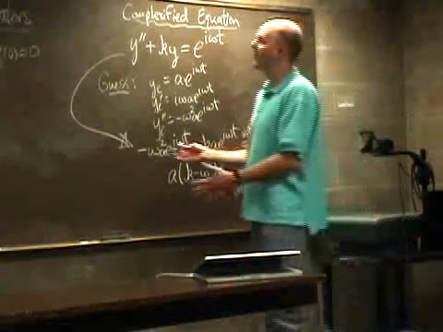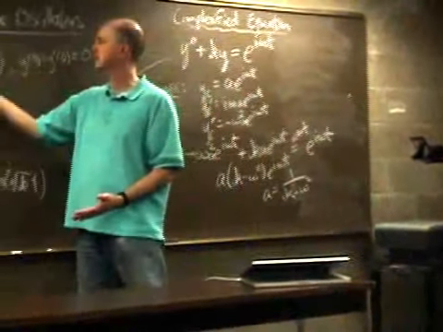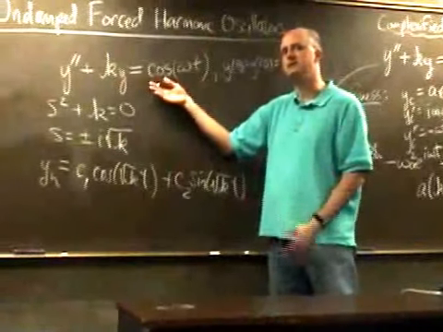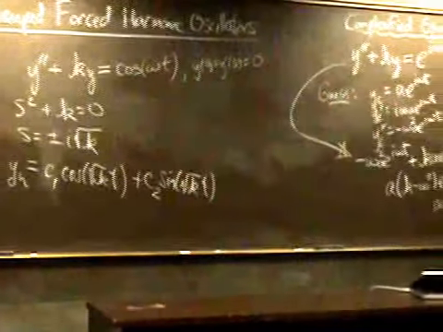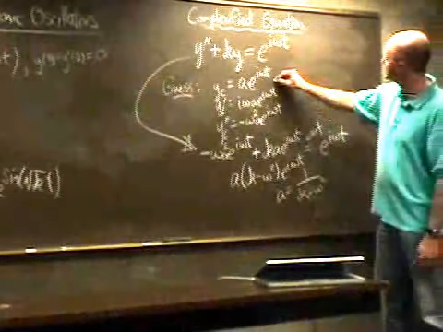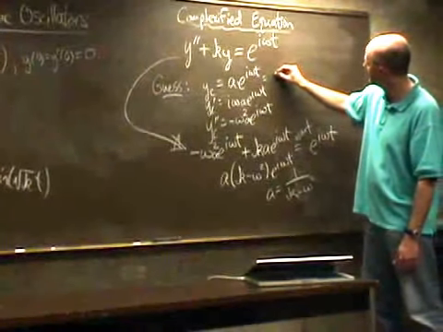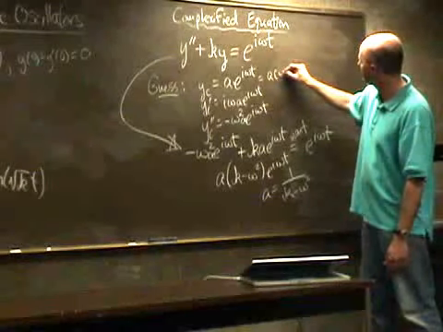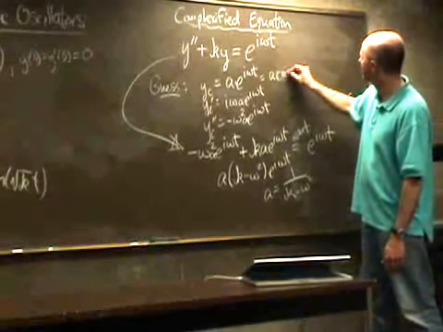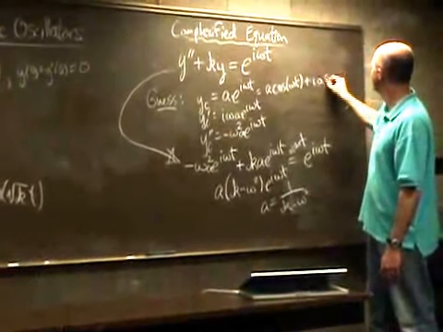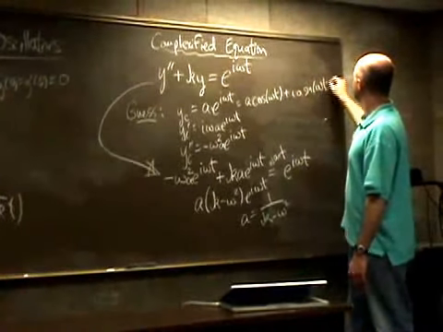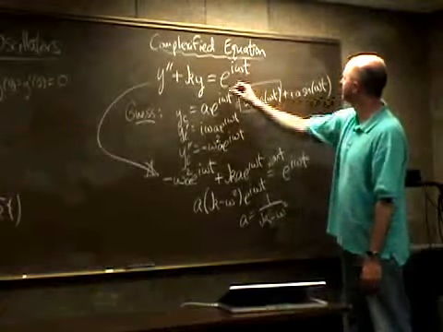We ultimately want the real part of yc to get a yp for this equation. Again, this is a real number back here. Plugging it back in and using Euler's formula, actually I'll just write this out from Euler's formula. It would be a cosine of omega t plus I a sine of omega t. The real part is what we want.